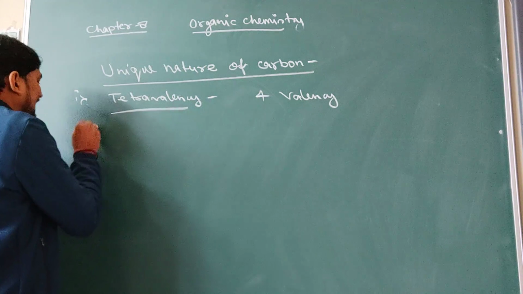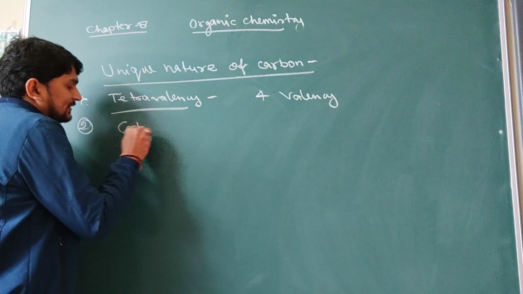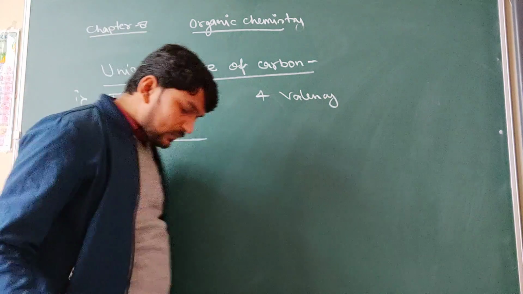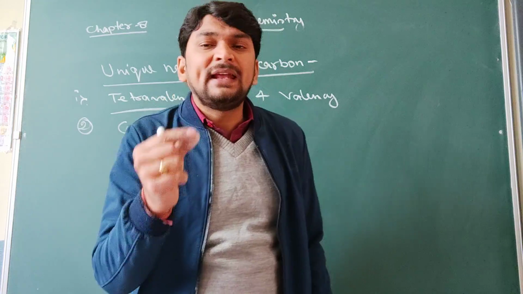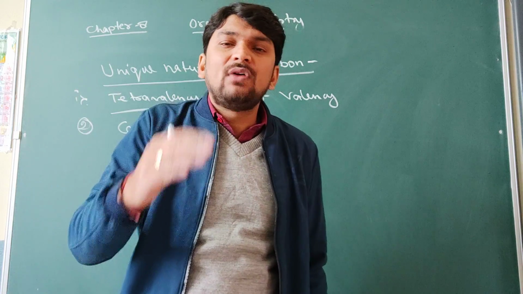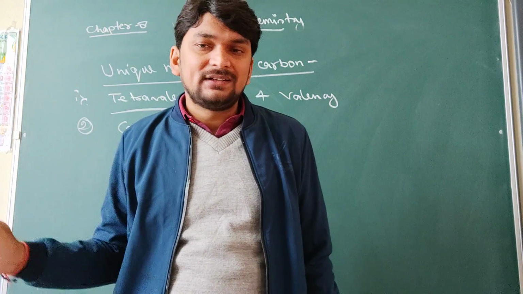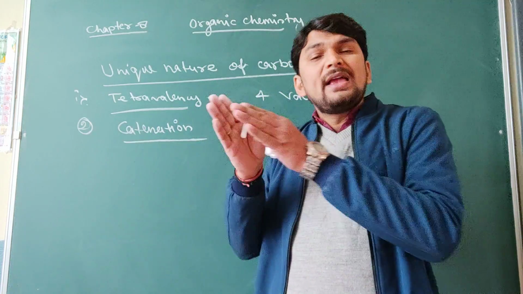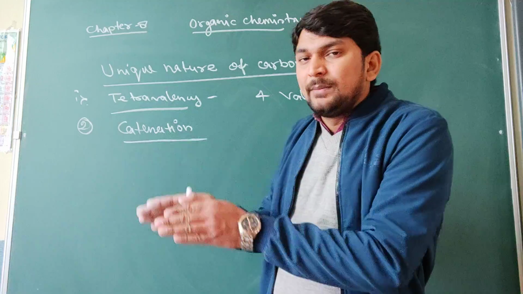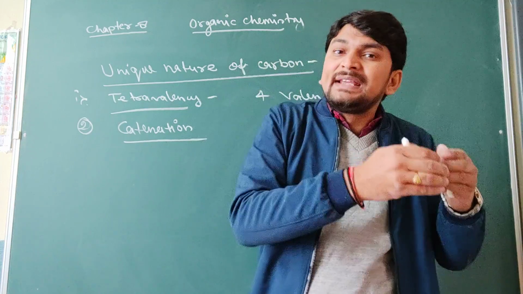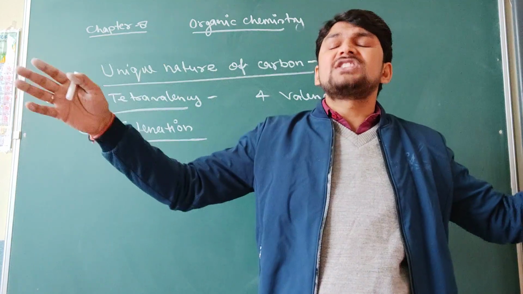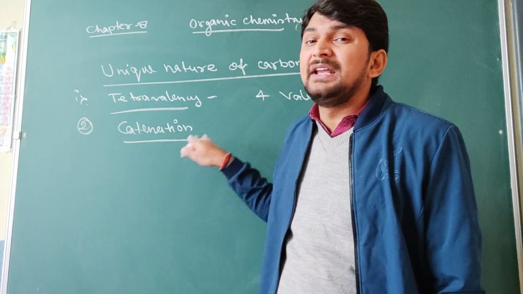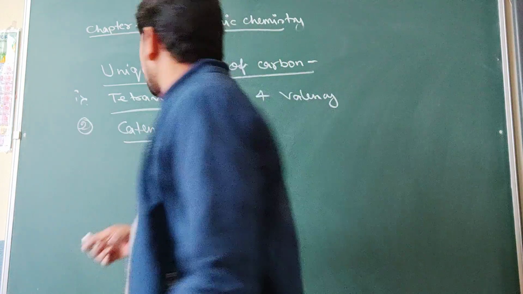First. Second is catenation. What is catenation? The tendency of an element to self-link and form a long chain is called catenation. Once again, the tendency of an element to self-link and form a long chain is called catenation. And this catenation property is highest in carbon.